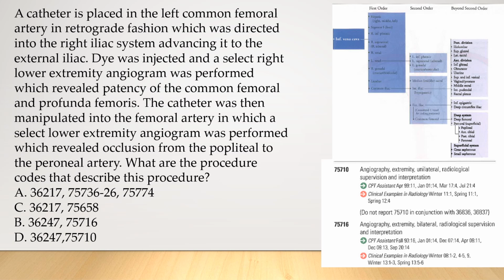In between, the first code is the same. What is going to decide is the second code. So for that, we need to check what is 75716 and 75710. What they have done is an angiogram for this patient.